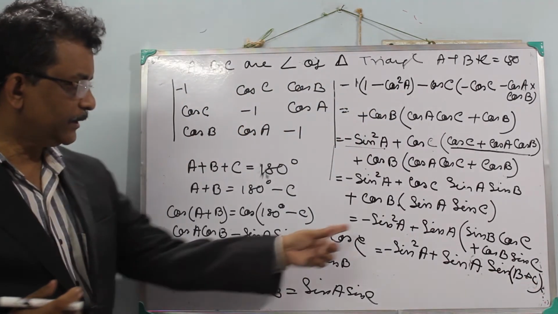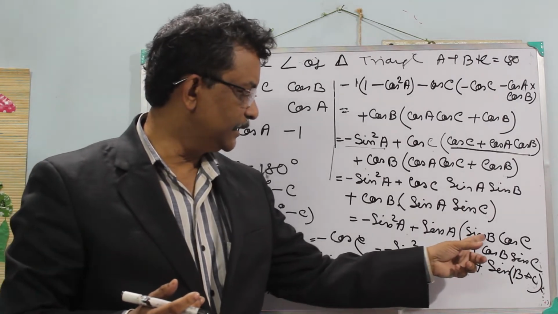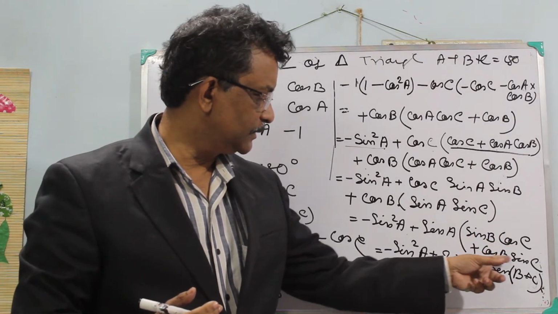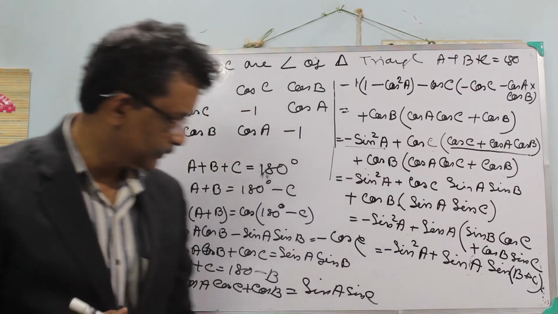I repeat again: minus sin square A plus sin A, and this is sin B cos C plus cos B sin C, equal to sin (B plus C).